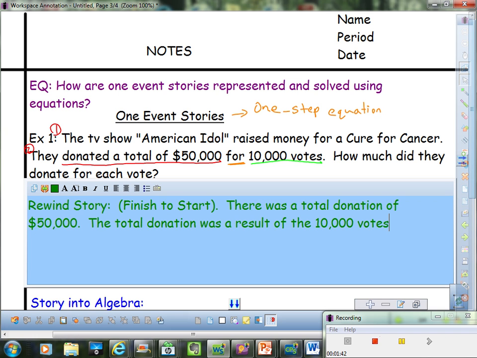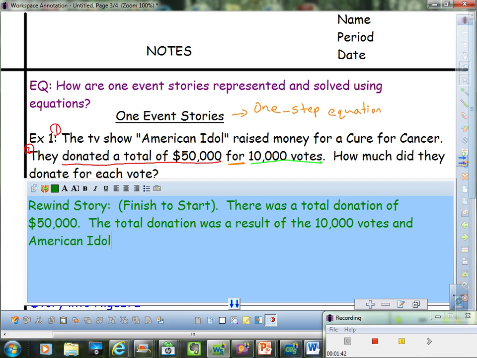Who donated? Was it the people voting or someone else? American Idol did what? Made the donations, right? So the total donation was a result of the 10,000 votes, and American Idol did what?